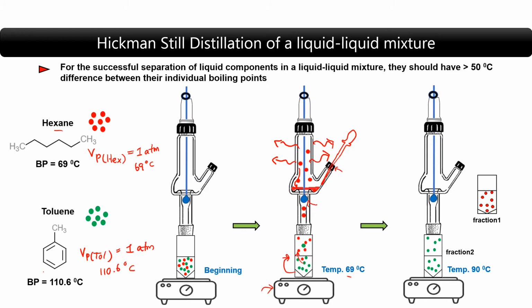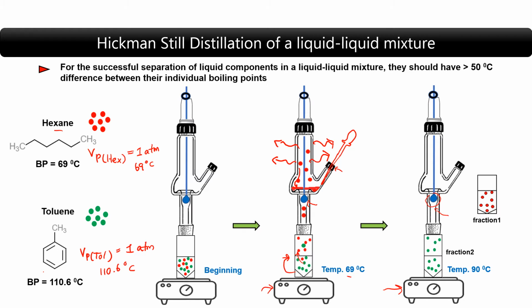So there will be no more hexane vapor collecting on this stem part. So although we're supplying heat, the thermometer is suddenly experiencing a lack of hot vapors around it, so the temperature reading is actually going to show a temperature below 69 once all of the hexane has been removed.